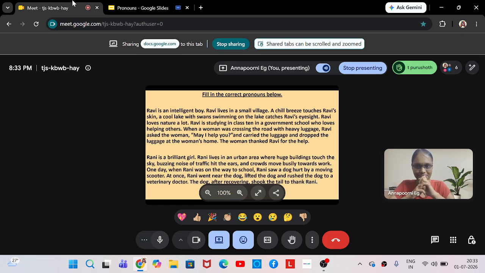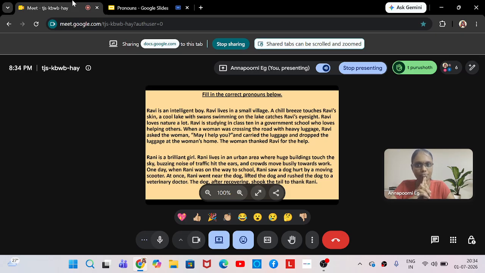He is an intelligent boy. He lives in a small village. A chill breeze touches his skin. A cool lake with swans swimming on the lake catches his eyesight. He loves nature a lot. He is studying in class 10 in a government school, who loves helping others.